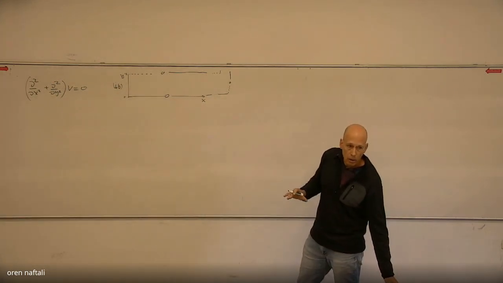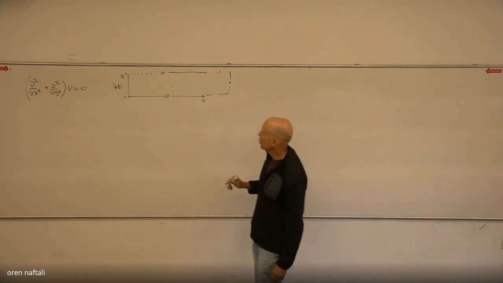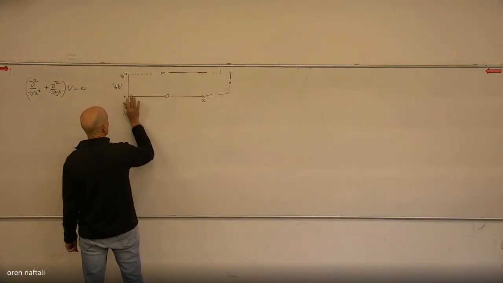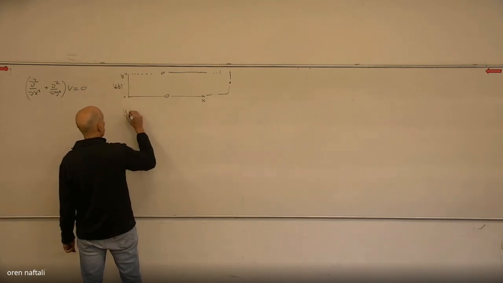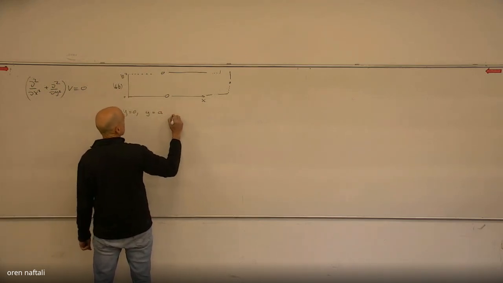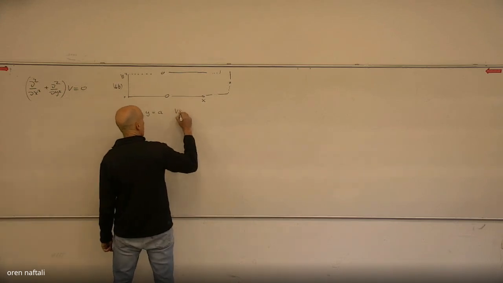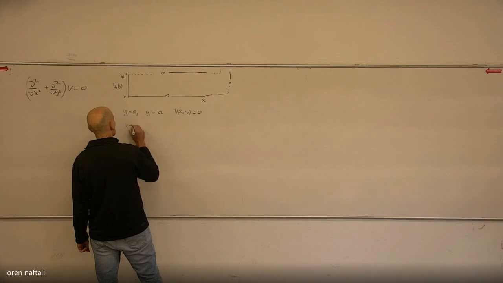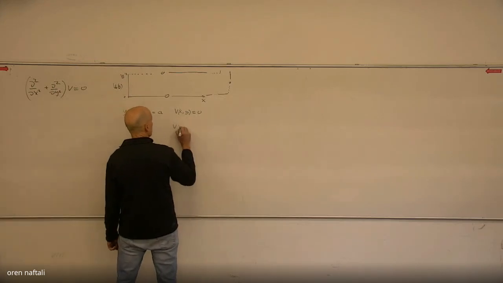Can you write them down? Yeah. So on x equals 0, sorry, on y equals 0, and at y equal a, V(x,y) equals 0. At x to infinity, V(x,y) equals 0.